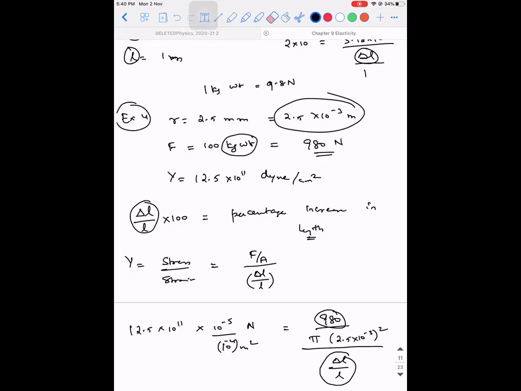So how did the force become that Newton value, sir? How did you convert the kg into Newton, sir? I told you, here 1 kilogram weight is 9.8 Newton.